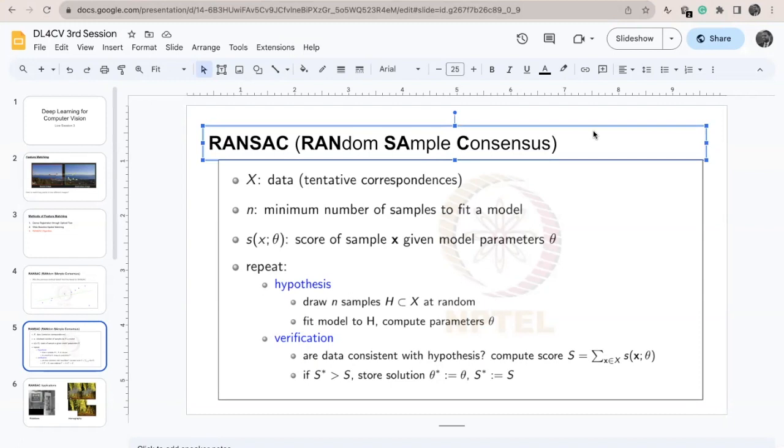Then let n be the minimum number of samples needed to fit a model. We know that to solve an equation in 4 variables, we need at least 4 equations. Similarly, we need a minimum number of points to fit a model, to solve a particular equation.